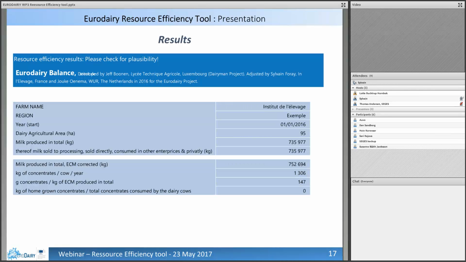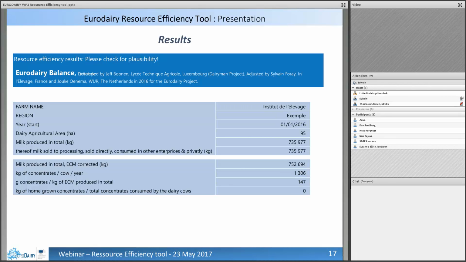So you can find in the results, in the same sheet at the end of the questionnaire, the name of the farm, the region, the year, the start year of the data collection, the dairy agricultural area, the milk produced in total in kilograms, and the milk sold to processing, sold directly or consumed in other enterprises and privately.